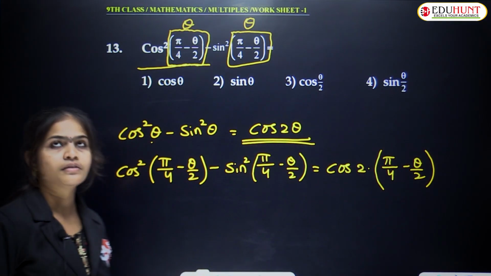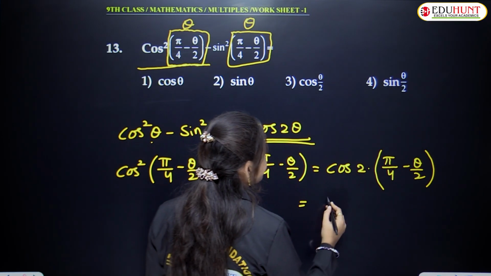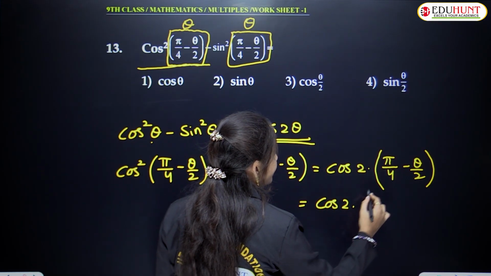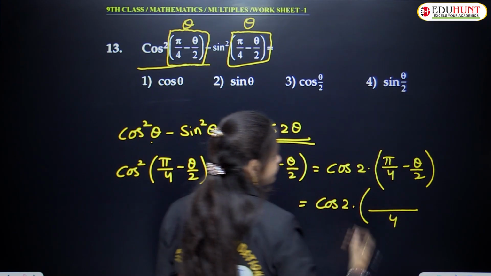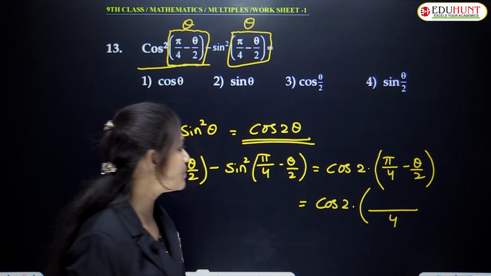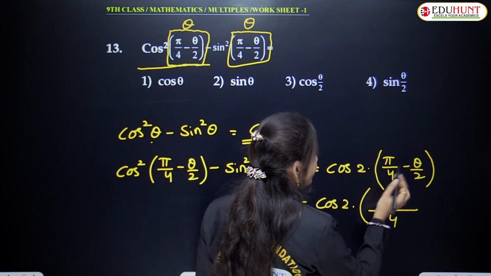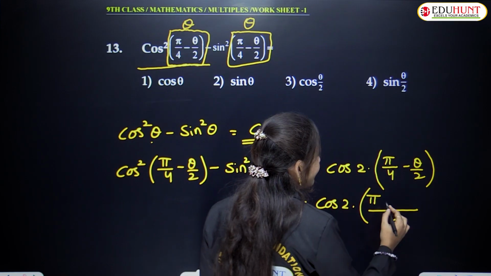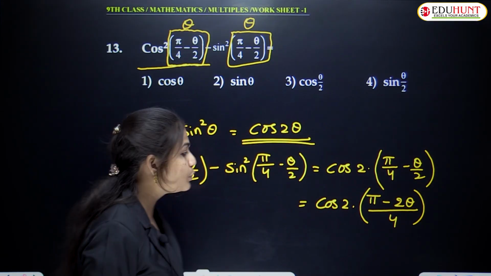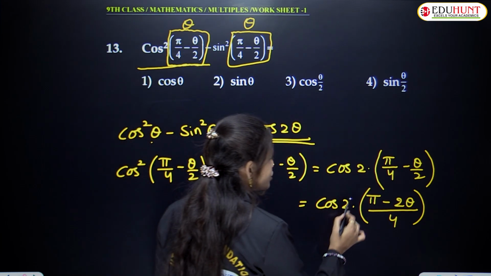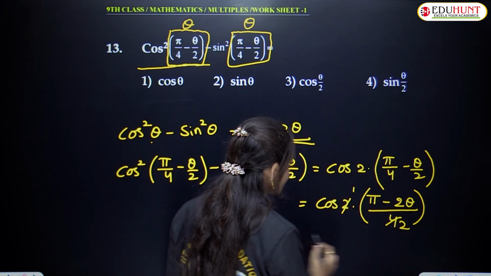Am I clear, children? So from this one here, cos 2 into, just simplify this one. Here LCM is 4. LCM is 4. 2 and 4 LCM is 4 only, no? And here 4 already there, so that's why here pi minus 2 theta. Pi minus 2 theta.